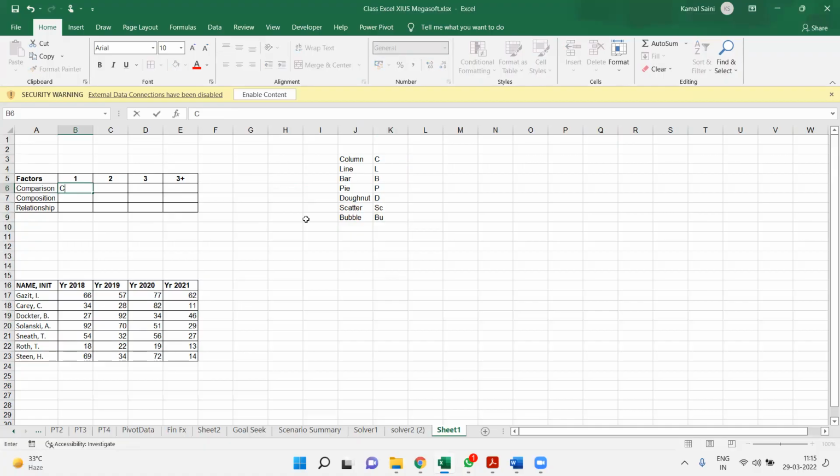If it is one data point, either column, line, bar, pie, donut. And if it is more than 3, best is line chart. Coming to composition, here we have pie and donut. And under relationship, we have scatter for 2 data points and bubbles for 3 data points.